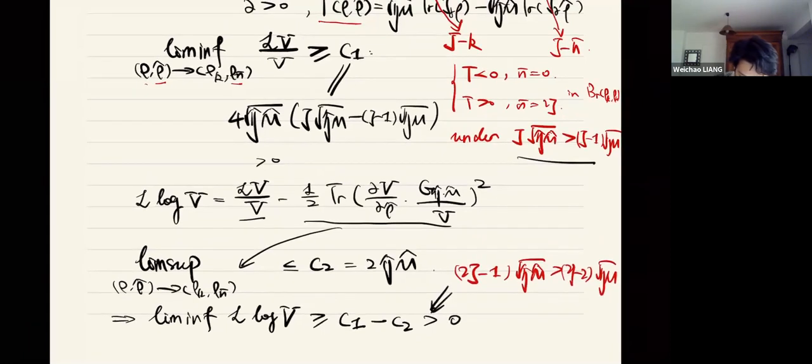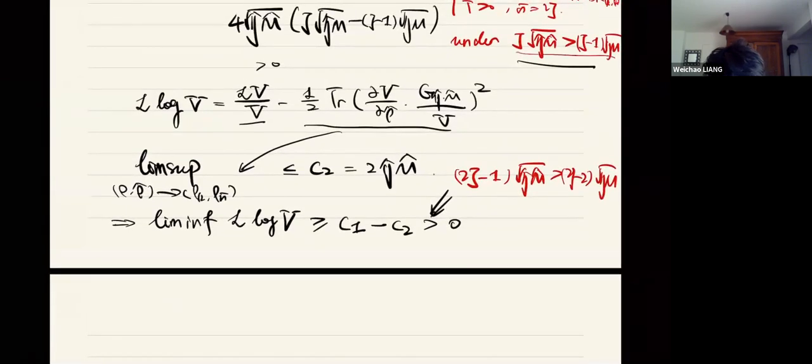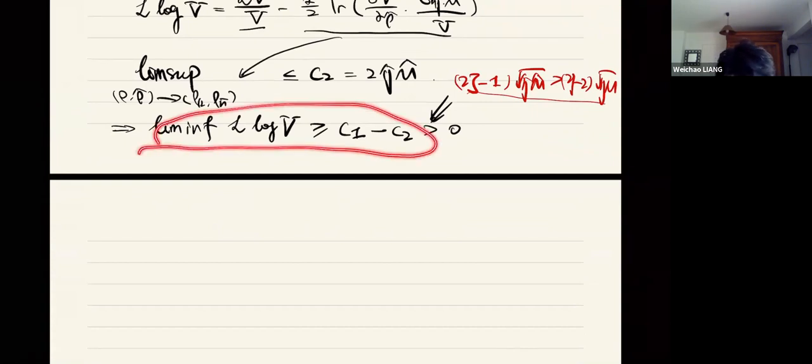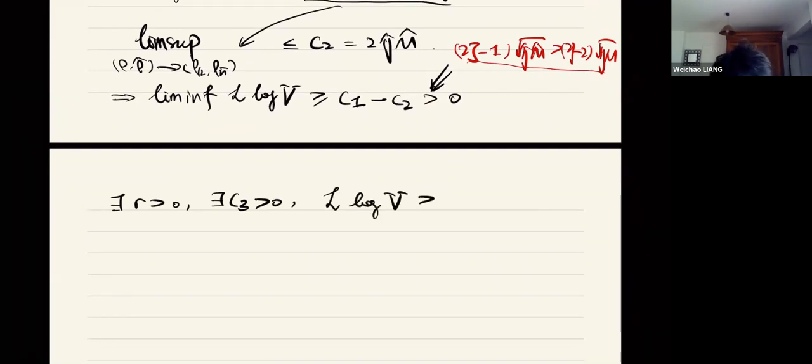So under these two assumptions, we can obtain this inequality for the lim inf, which means that in some neighborhood of the bad equilibrium, the infinitesimal generator of the log V is larger than the constant 3 in that neighborhood.